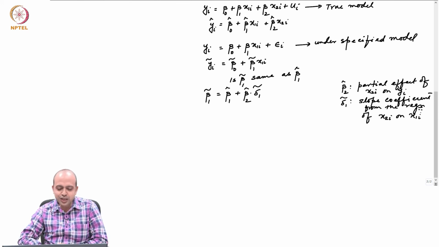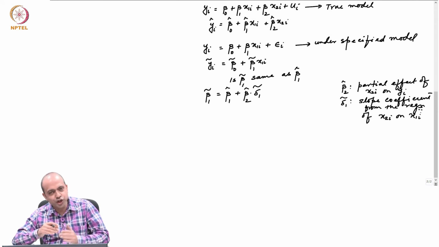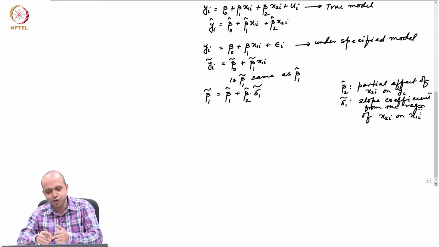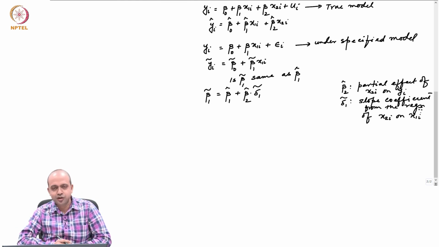That means you can think of delta 1 tilde as basically the sample correlation between x1i, education, and x2i, which you have actually excluded from your model, right, excluded from your model.